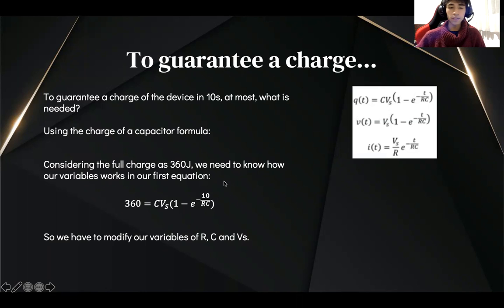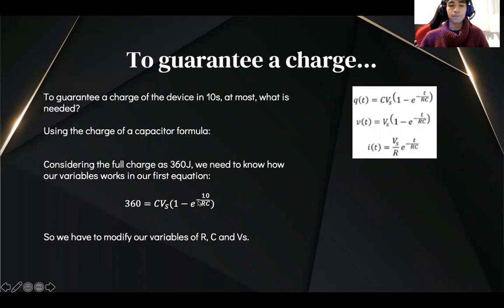So we replace the 360 in the left part, and this equals the capacitance multiplied by the voltage source, and this multiplied by one minus e elevated to negative 10, that is the time, over the resistance multiplied by the capacitance.